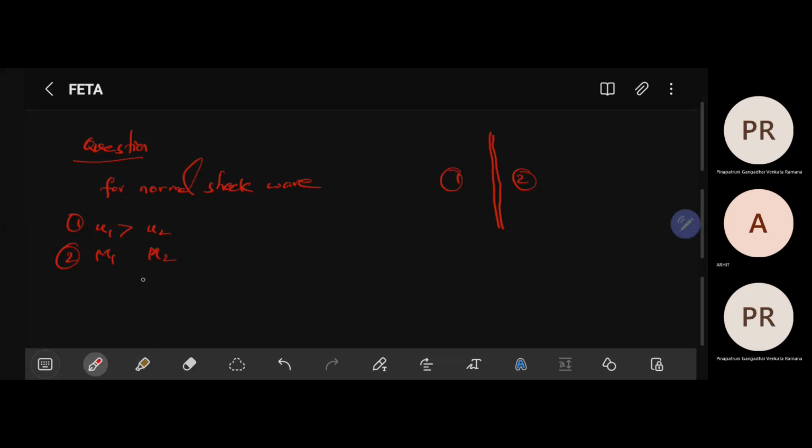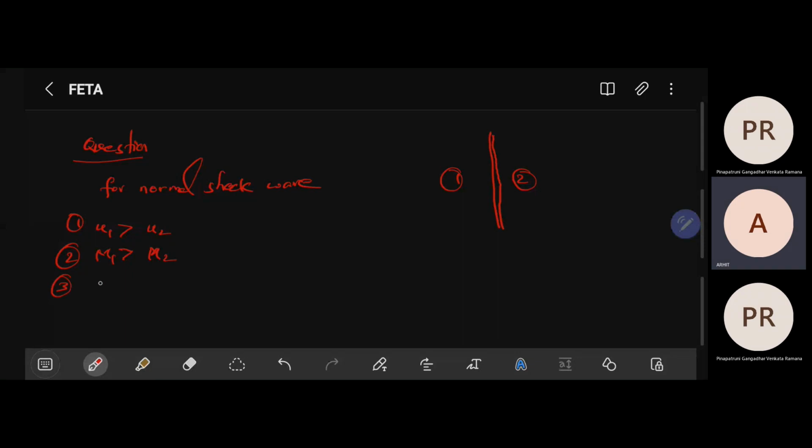The Mach number will decrease, sir. M2 is less than M1. Fine.